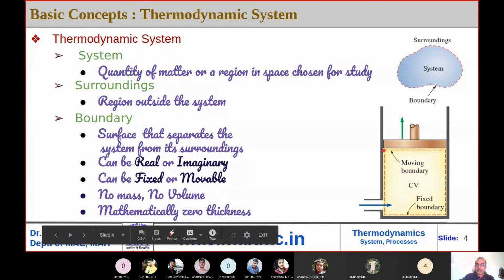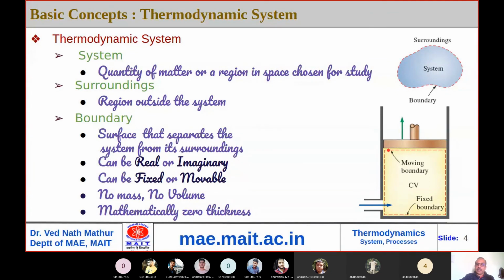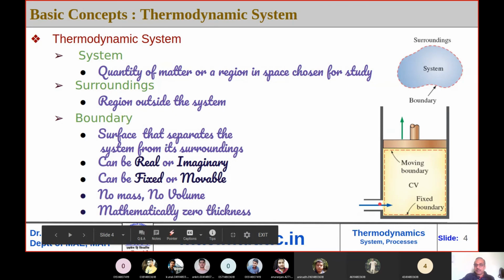Here we have a system boundary defined with the help of the surface of the cylinder or the surface of the piston. But at this portion, it's an imaginary surface. If some fluid is coming in, then we assume that this opening is the system boundary. So this part of the system boundary is real, and this part is the imaginary system boundary.